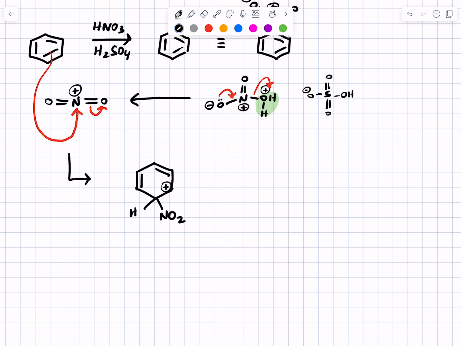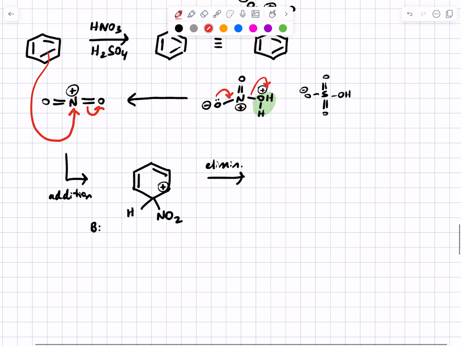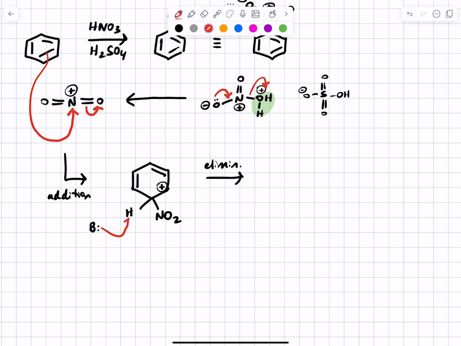The other carbon has a positive charge, and so that's the addition step. And then the second step is the elimination step, where a base, probably the conjugate base of sulfuric acid, removes the adjacent proton, electrons kick down, and we restore aromaticity.